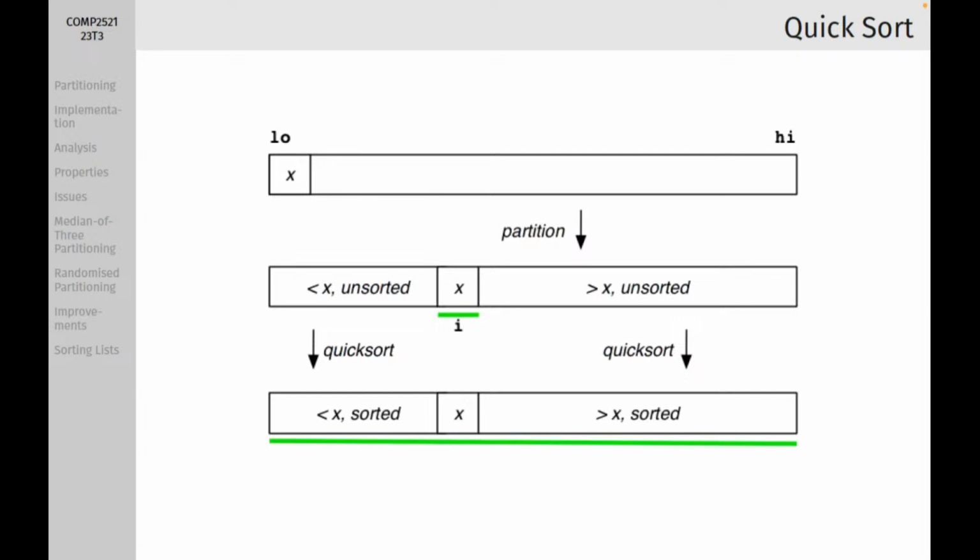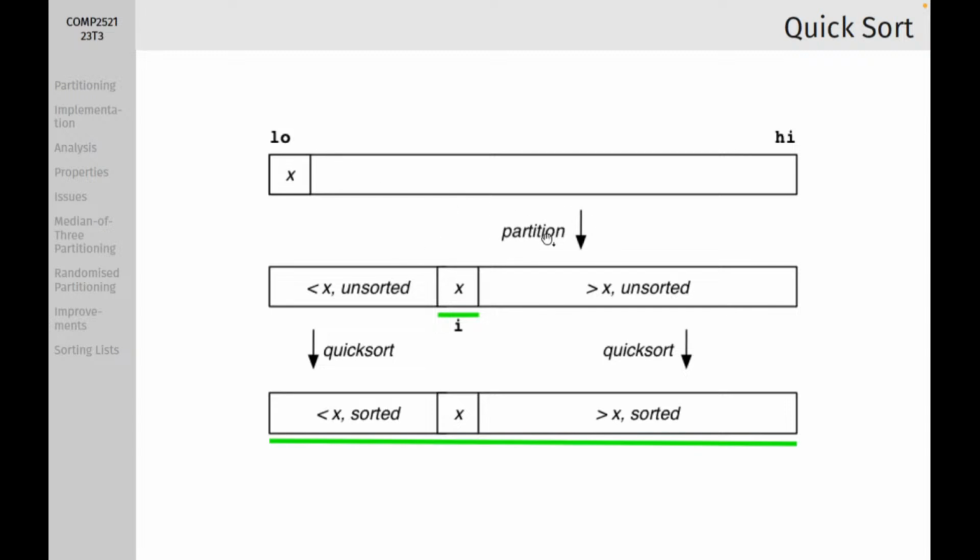Here is a visual depiction of that process. In this diagram, we are simply picking the first element of the array as our pivot, and there are different strategies for selecting a pivot, which we'll talk about later. But here, we will just select the first element as the pivot. Then we partition the array.